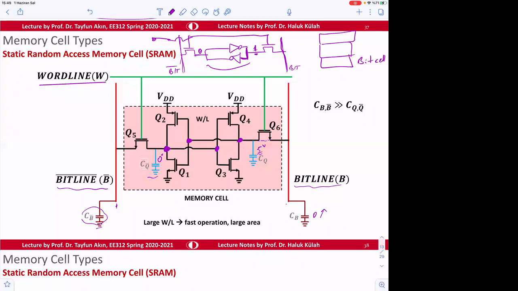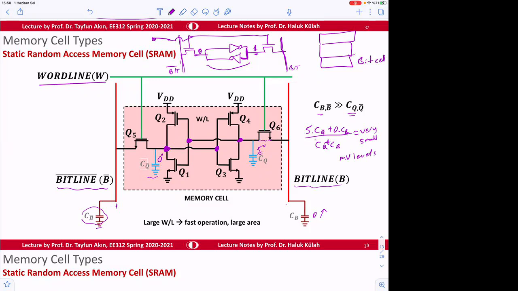As you know, the final voltage, if you short this thing, is going to be, since the total charge is preserved, this one plus maybe 0 times CV divided by CQ plus CB, plus CV. So this is going to be very small. Why? Because CQ is much smaller than CB. So this is going to be in maybe millivolt levels.